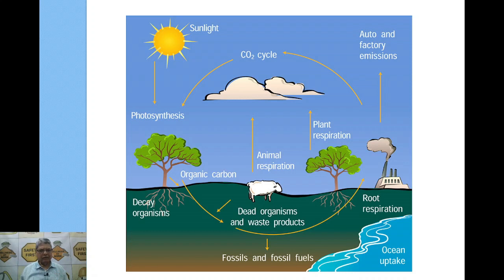Then there is decaying of the organisms by which the carbon again gets mixed into the soil, and because of the photosynthesis process, the plant inhales CO2 and exhales O2, so that organic carbon is absorbed into the soil also.